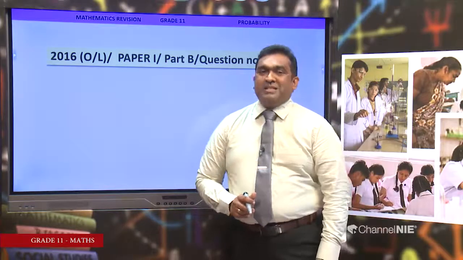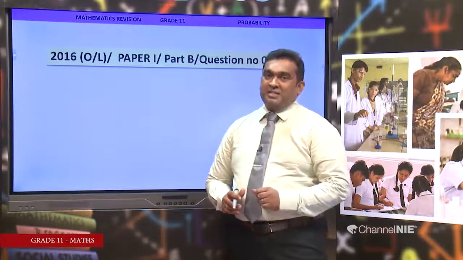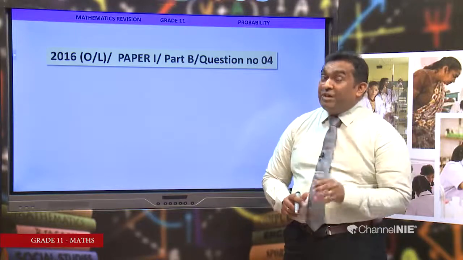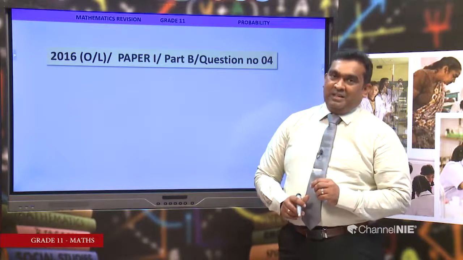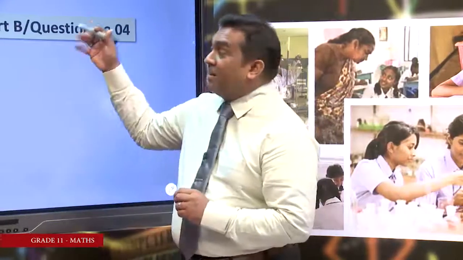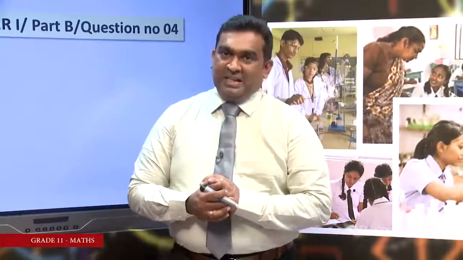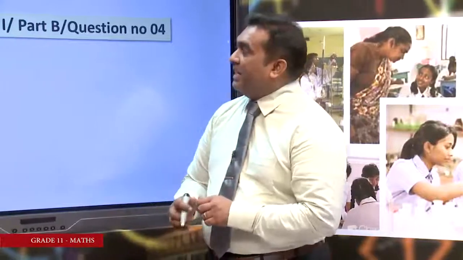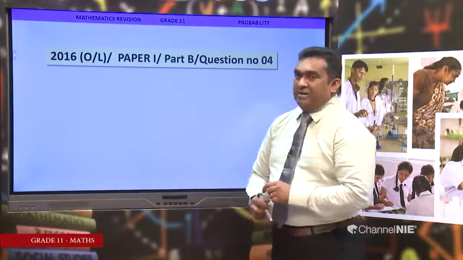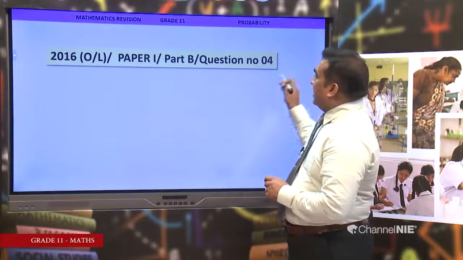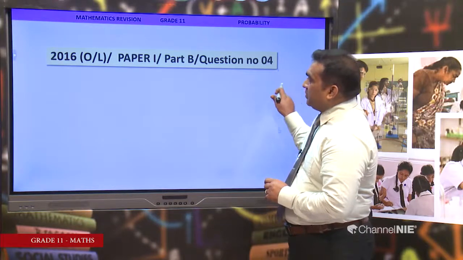Now, we are going to discuss past paper questions, and you can develop your competency level in probability after studying the concepts and the applications. Right, 2016 paper 1 part B structured question, question number 4.